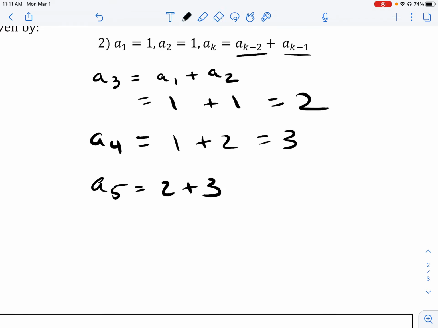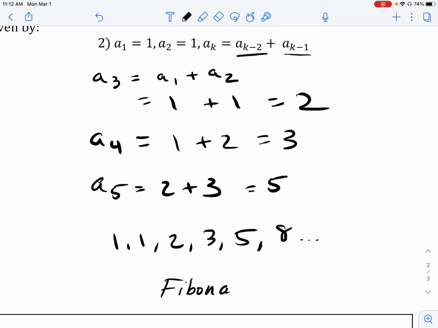Well, that's just equal to 5. And if I were to write these out, does this look familiar to you? And if you said the Fibonacci sequence, you would absolutely be right. This is what we call the Fibonacci sequence.